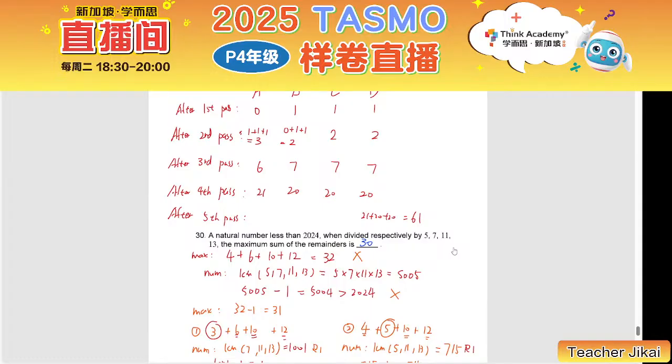So for this question, do you have any questions for this paper? No? Okay, everybody say no. Trying is very tiring. It's a lot of calculation in question 30 here.